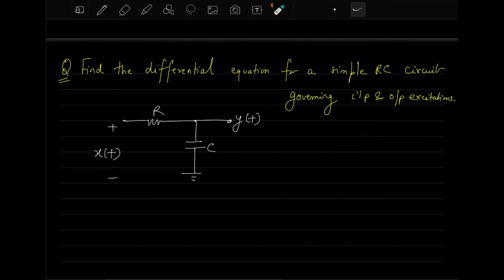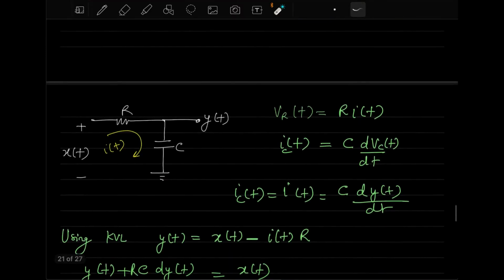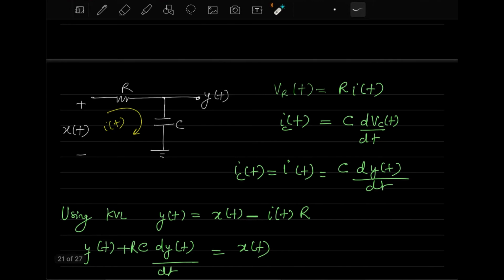Here, we will use a current i(t) which is flowing in this loop. We will calculate the voltage across the resistor. It will have a drop, with plus here and minus this side.